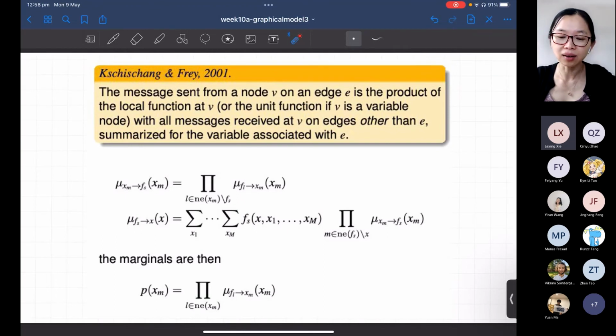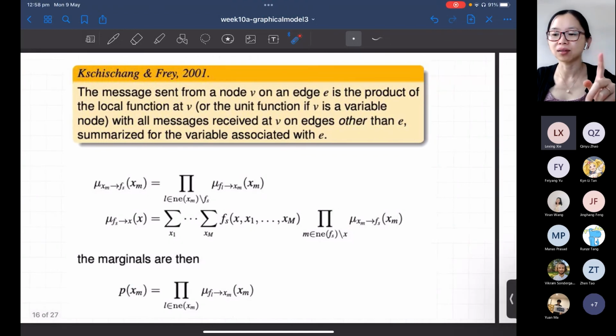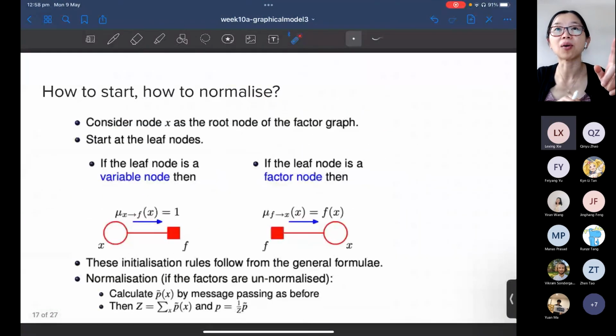And then the node marginal is simply the product of the factor to node messages. So this spells out how to end this recursive sum product algorithm, or we might say how to stop. Here we go. And hopefully this helps with the question that Qingyu just asked.